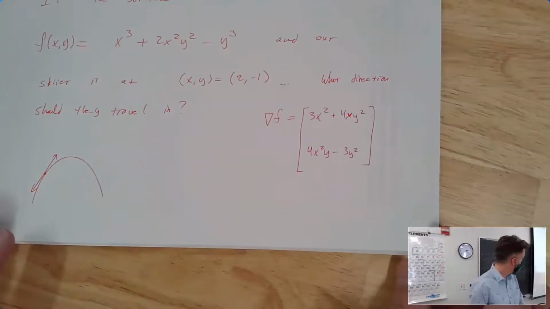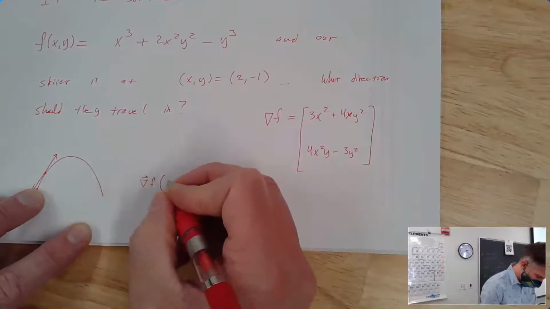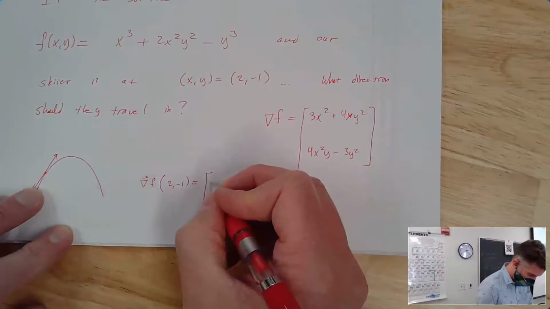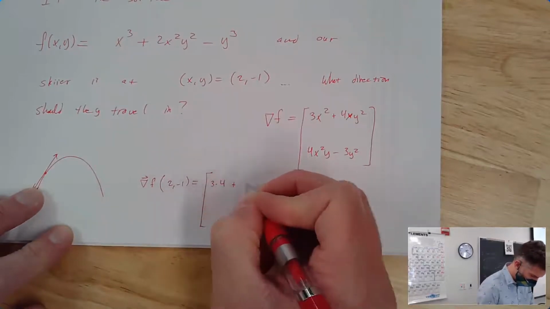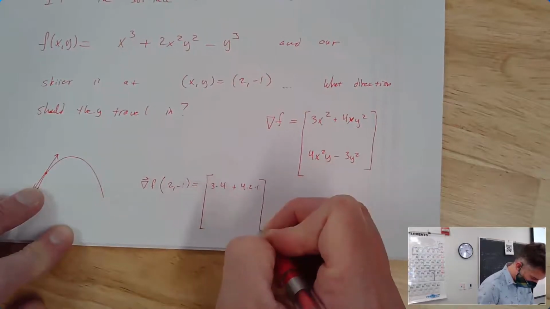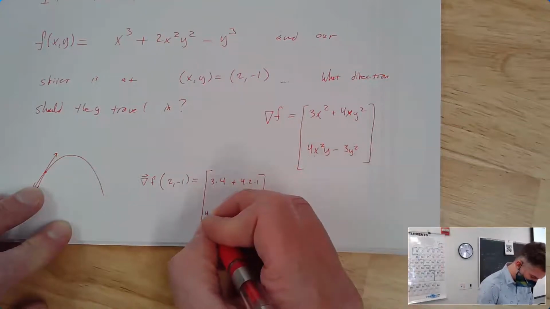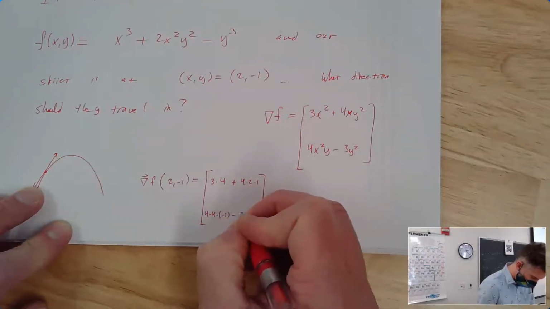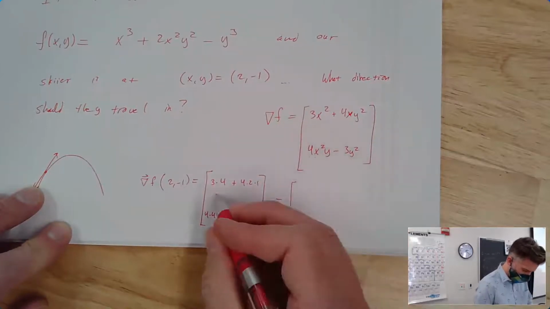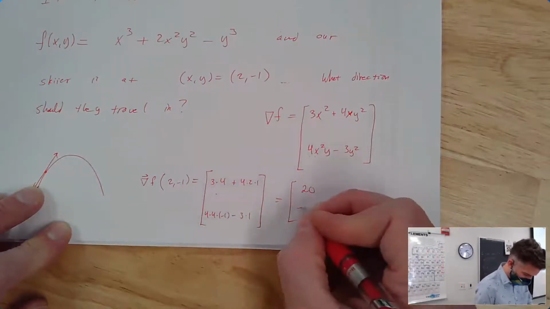So at our point (2, -1), we're going to get the vector 3 times 4 plus 4 times 2 times (-1) squared. And the second coordinate is going to be 4 times 4 times -1 minus 3 times (-1) squared. So I end up with the vector, let's see, 12 plus 8 is 20, and -16 minus 3 is -19.